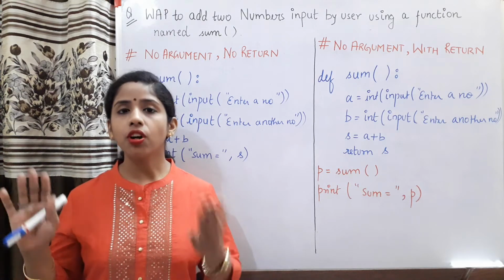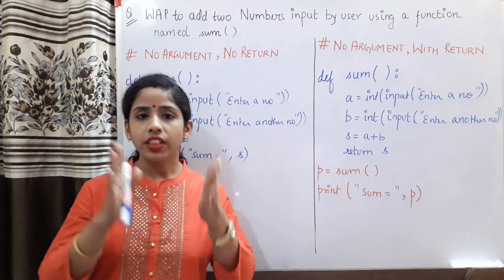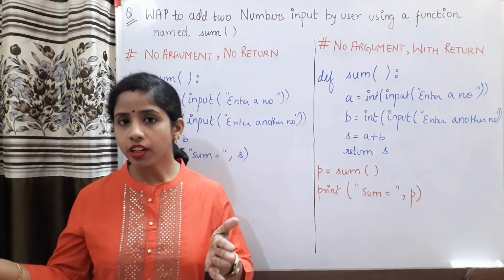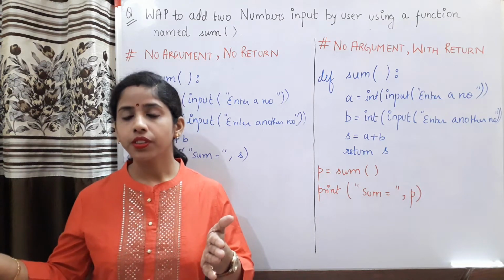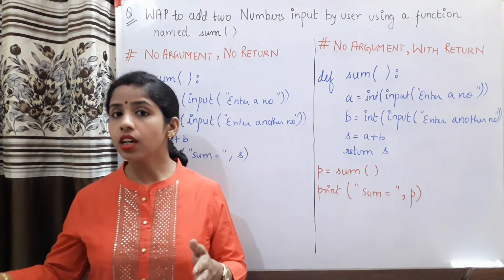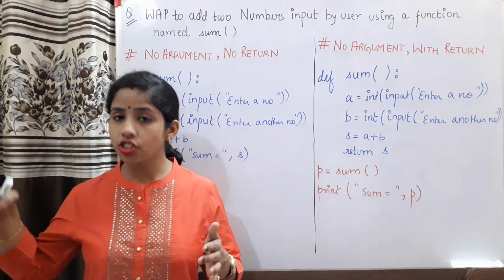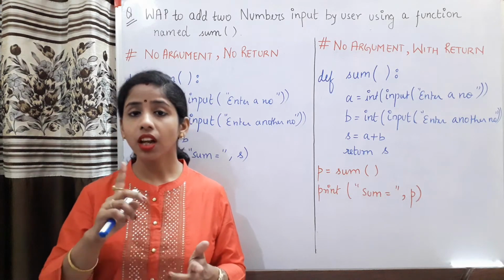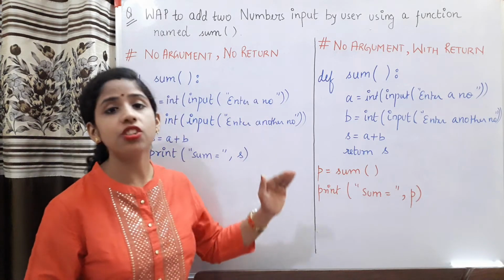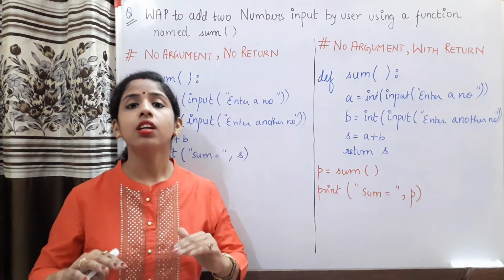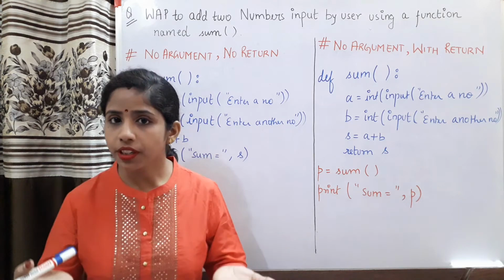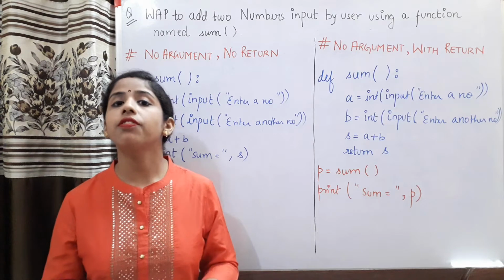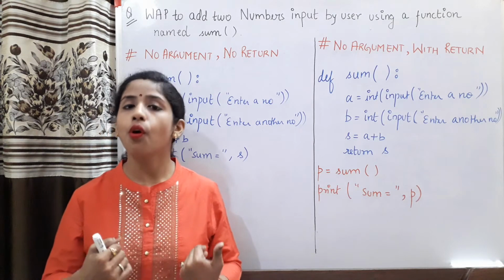Clear? But what will vary is whether the owner gives the raw material to the employee or not, and whether the employee after stitching the shirt returns the shirt to the owner or not. Like I told, these four function styles are based on whether you give the parameter to the function or not and whether the function returns the result to you or not.